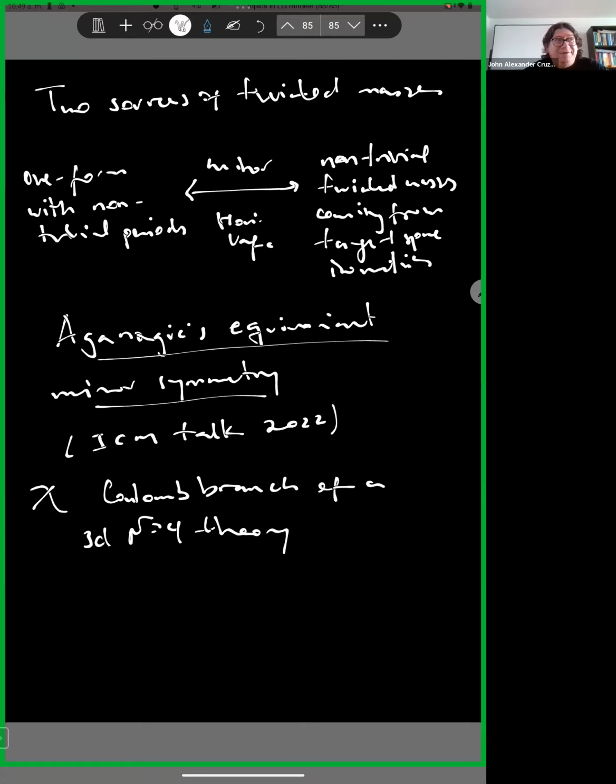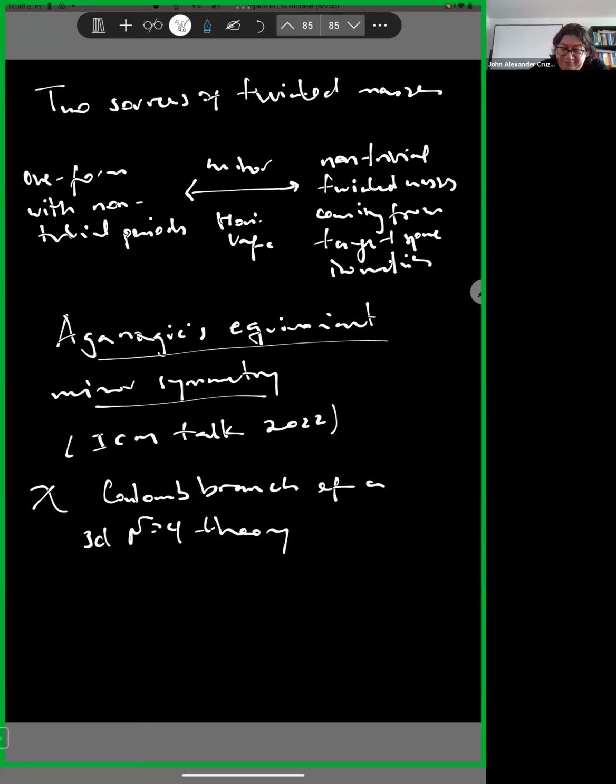I mentioned in the first lecture the paper by Kamnitzer and his collaborator about some kind of relation between three-dimensional mirror symmetry and two-dimensional mirror symmetry. But as far as I know, they don't consider this particular situation, and of course, they don't consider this equivariant mirror symmetry as I will describe here.